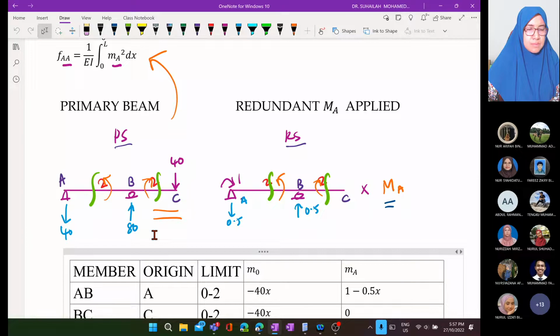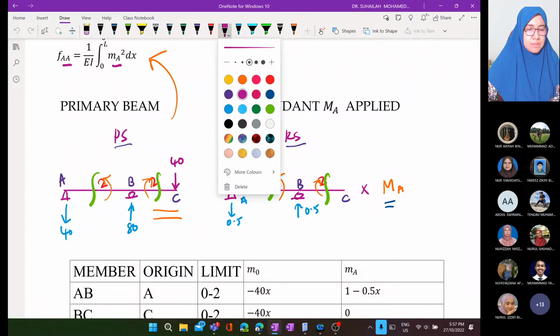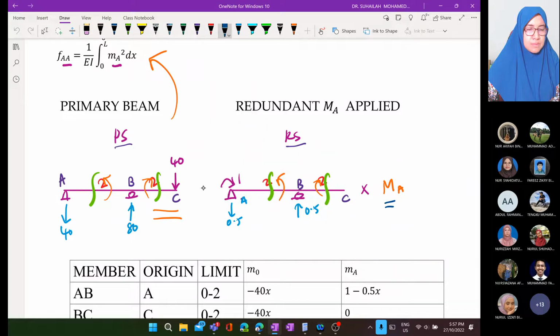By using the principle of superposition, we have to add this primary beam plus the redundant beam. And remember, as I mentioned, FAA cannot stand alone. We must times with the redundant, remember?